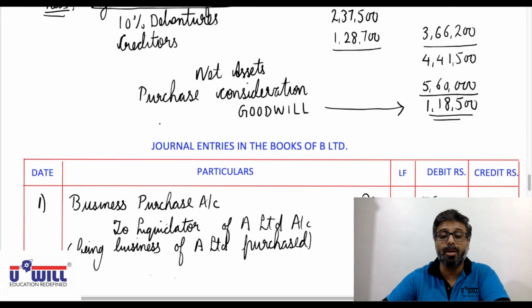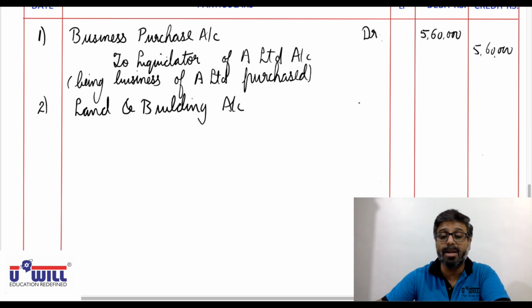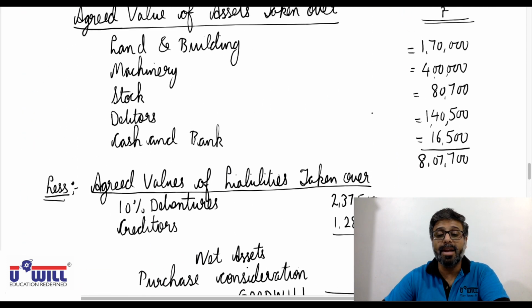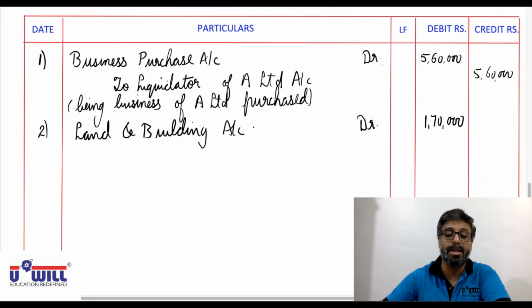Land and building account debit 1,70,000. Okay, assets account debit excluding fictitious assets at agreed values. Remember the concept of entries properly from the summary. Advisably, before every question, every video lecture, you must revise the entire summary again.